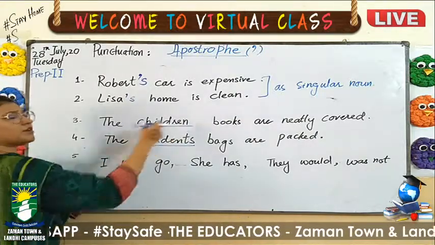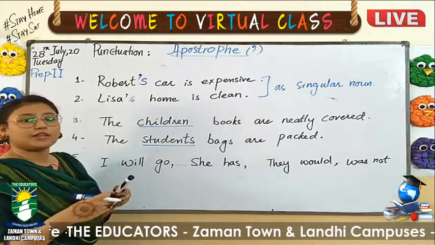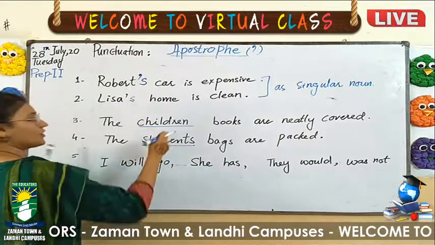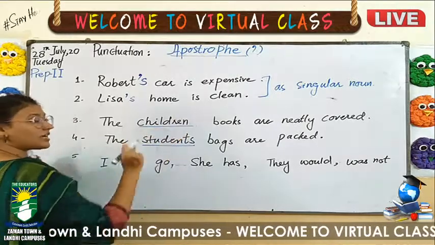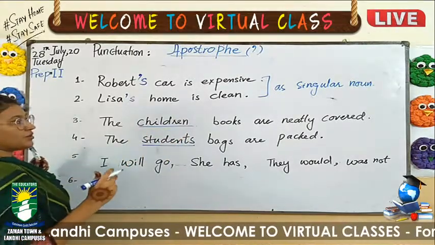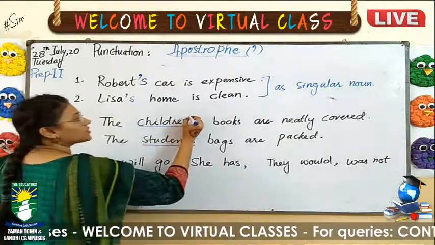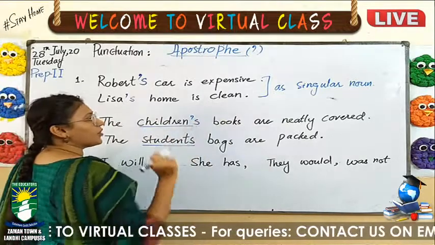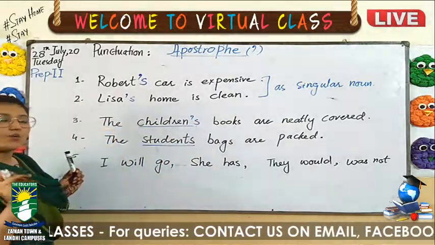But some nouns do not add s to show that they are plural. So children is itself a plural noun, so it does not have s. To show the link between the book and children, we will use apostrophe s. The children's books are neatly covered.